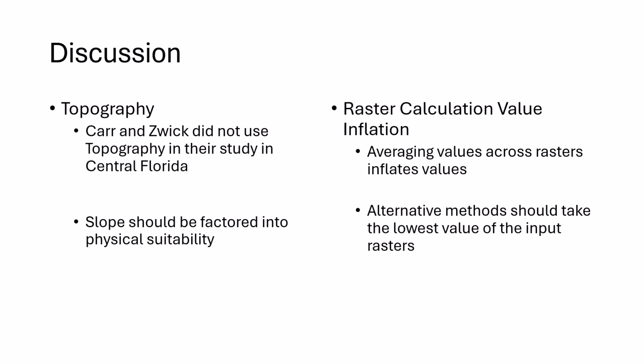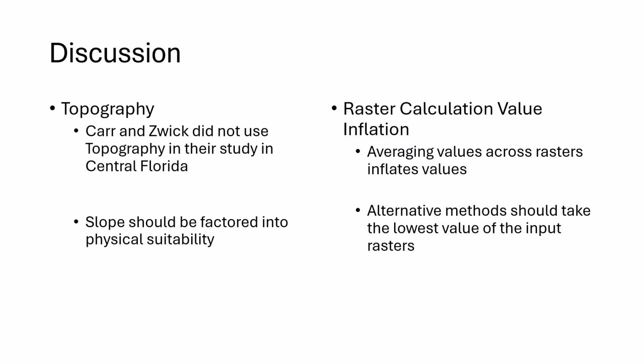I think that's what's causing the problem here. For instance, if in the physical suitability raster you have a value of 1, and in the economic suitability raster you have a value of 9, and you average those together, the output pixel will be a value of 5.